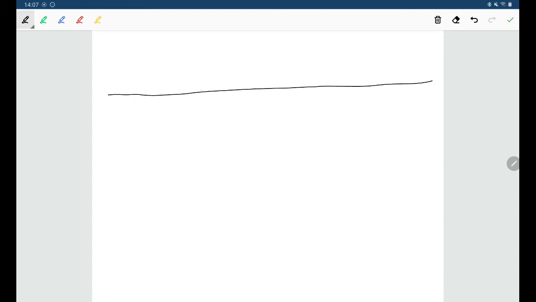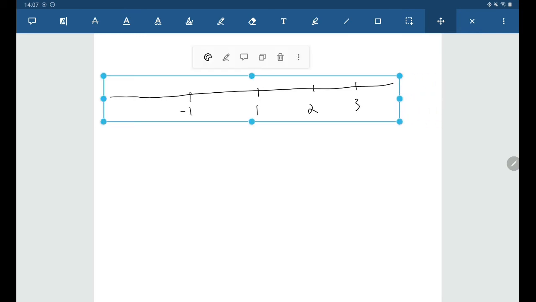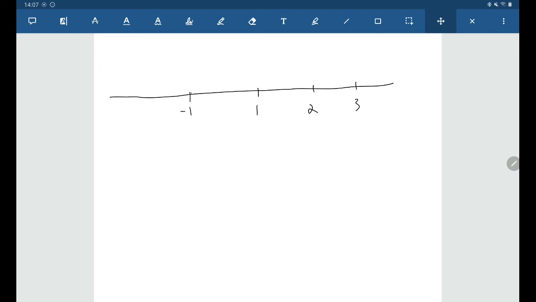I had vertical asymptotes at negative 1 and at 1, and x-intercepts at 2 and at 3. And so the only thing left for me to do here is to now pick those test values: values that are less than negative 1, between negative 1 and 1, between 1 and 2, between 2 and 3, and then larger than 3.